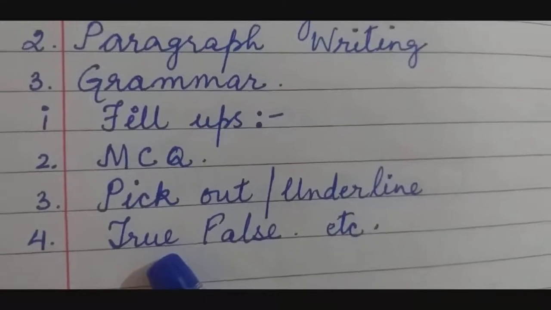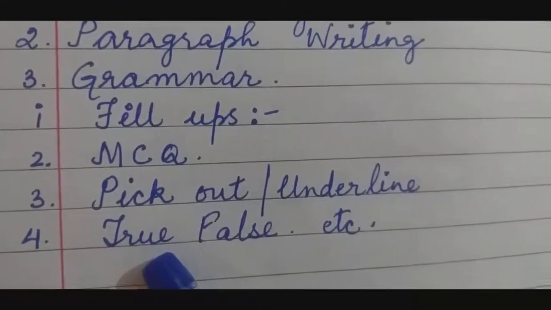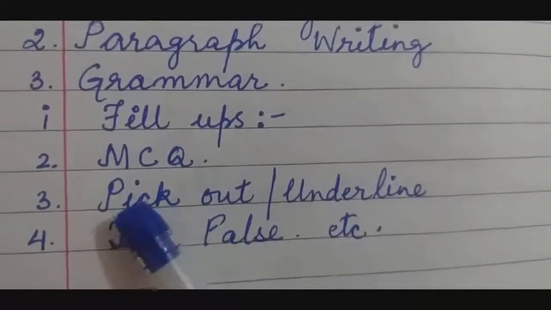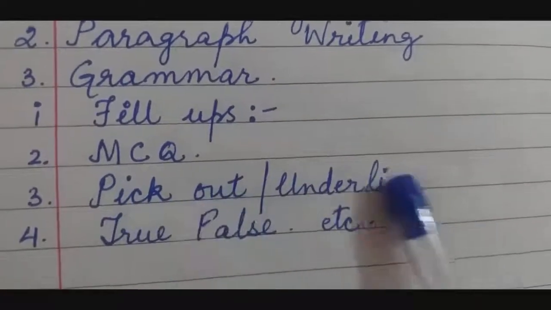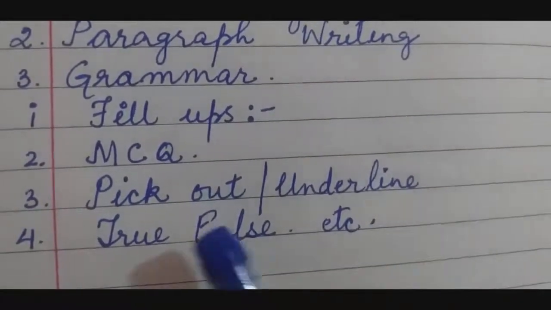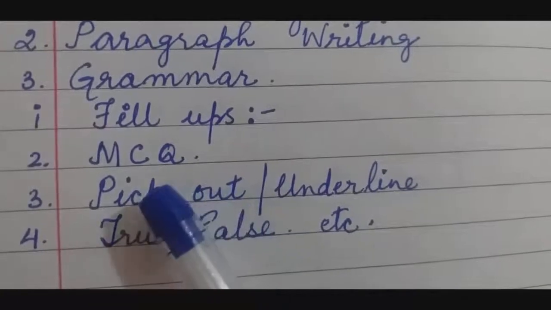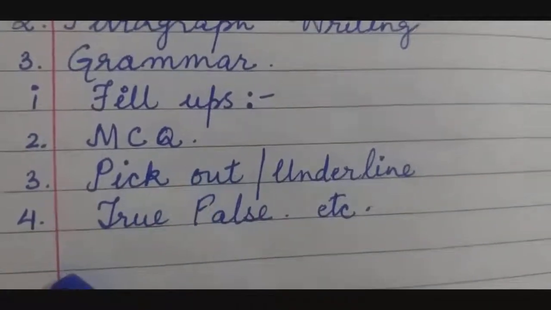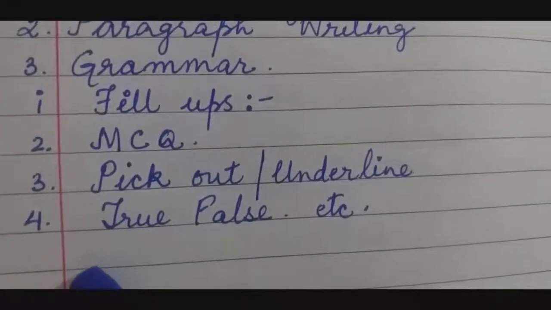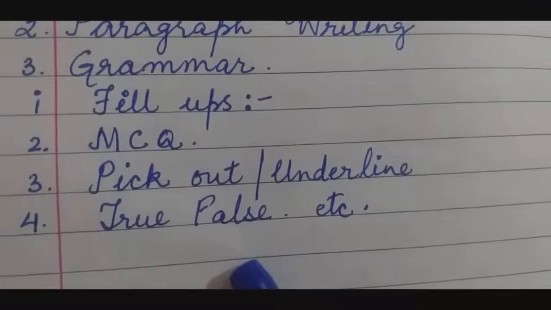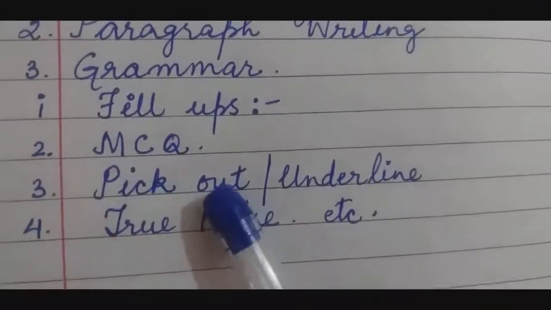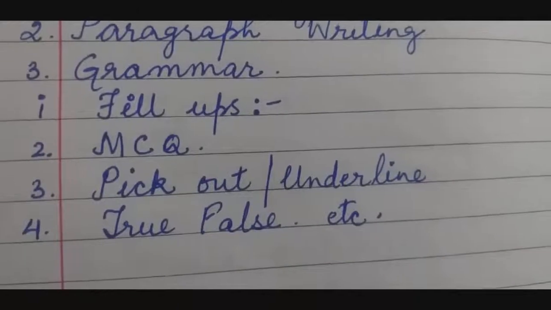In that sentence, what is the proper noun? The proper noun would be Solomon. So what would you do? You will take this Solomon and write it down here separately. You will write answer number 1: Solomon. Fine? So this is what pick out or underline is.